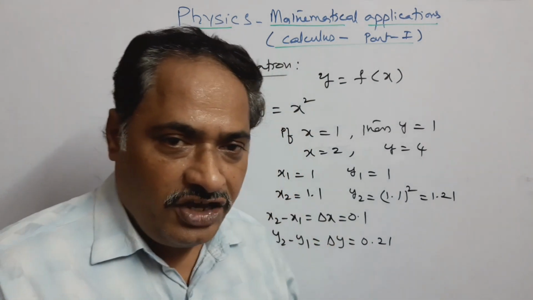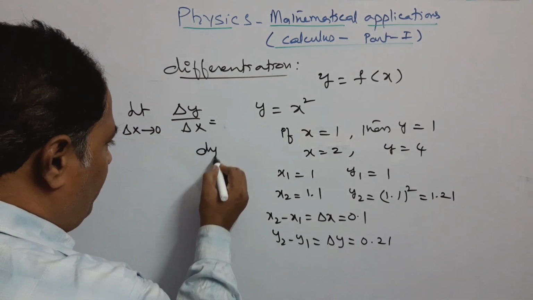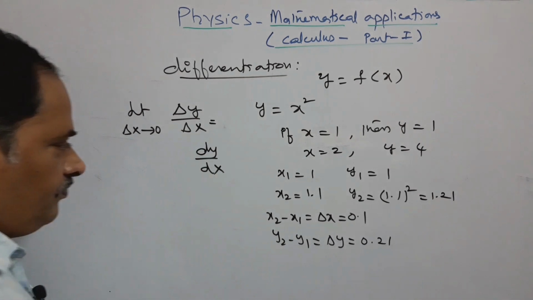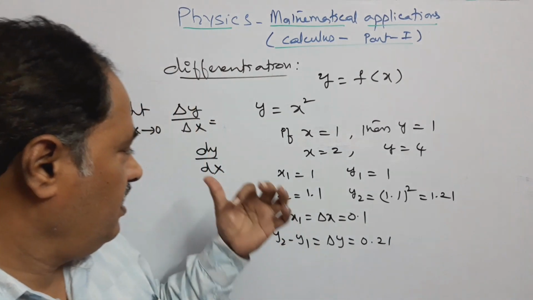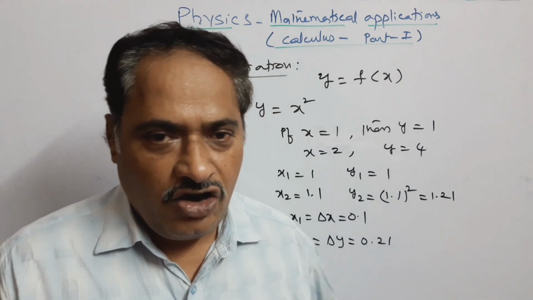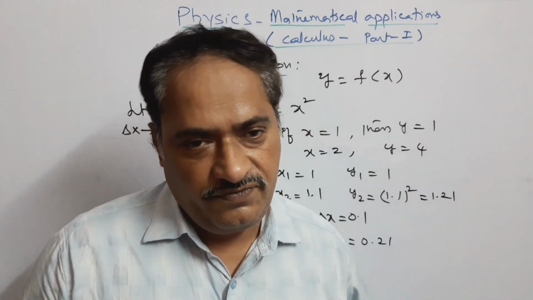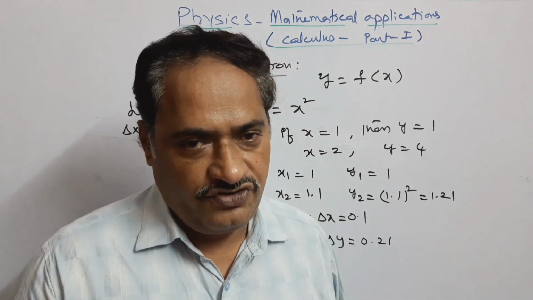Delta y by delta x is nothing but, I can say, dy by dx. Dy by dx is nothing but the derivative of y with respect to x, or I can say the differential coefficient. This value is nothing but a differential coefficient.